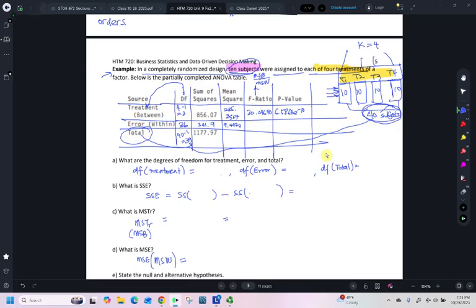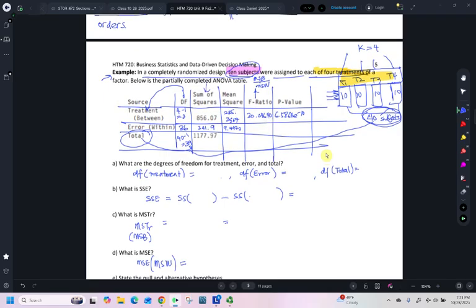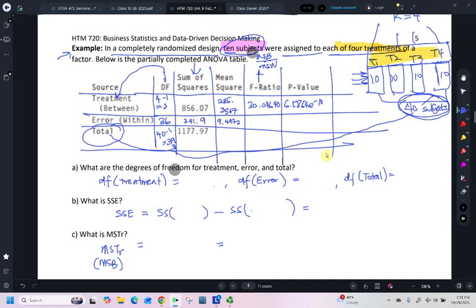The next thing to do is to compute the sum of squares. We have 856.07 for the sum of squares for treatment, and the sum of squares total is 1177.97. Well, what would that of error be then?